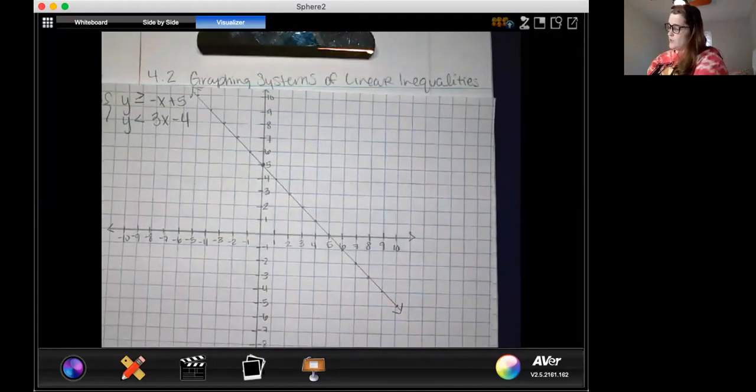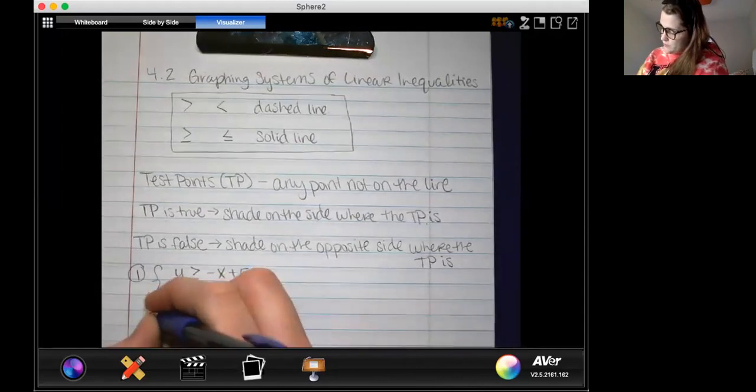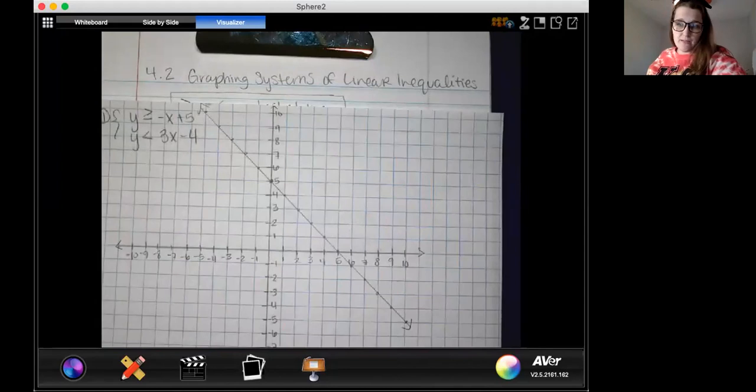I'm going to go back to my lined paper just so that I have a bit more space. Can I do the test point that we normally use? Can I use (0, 0) to test for this inequality? Yes.